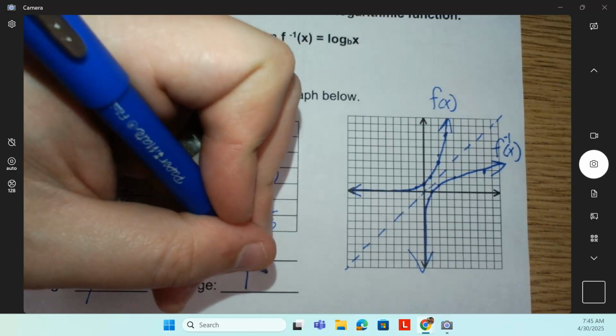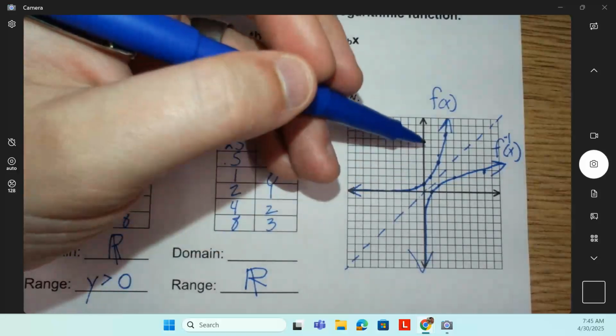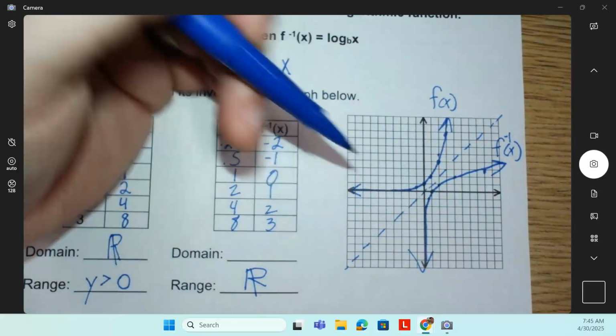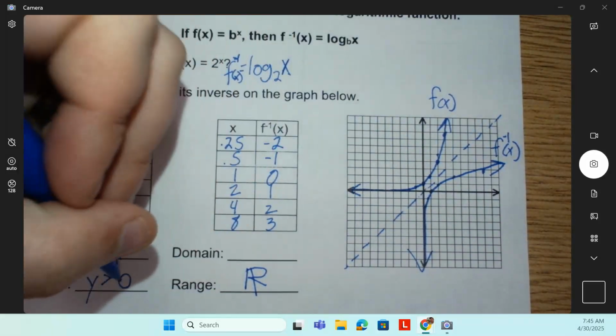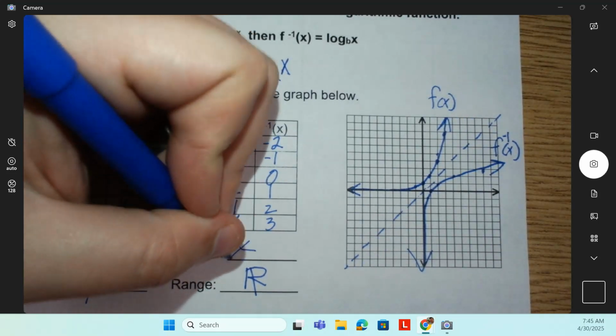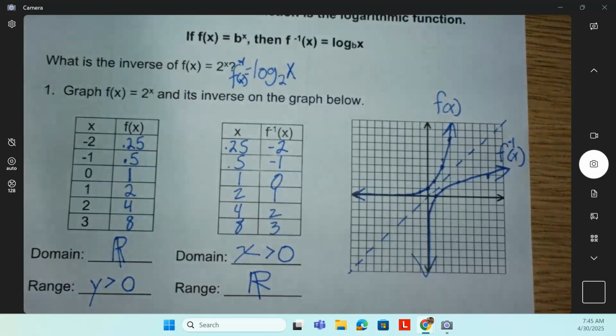So my range on this one is going to be all real numbers. My domain, if I look, this is going to get closer and closer to the y-axis, but never actually cross it. So again, the range and the domain swap here, and instead of y, we'll write it as x is greater than 0. That gives me my domain and range for both.